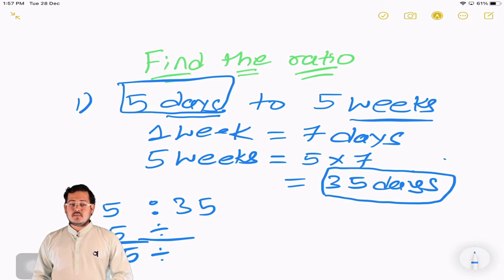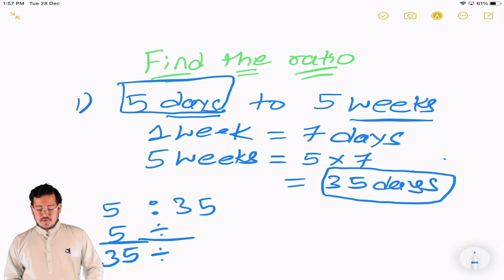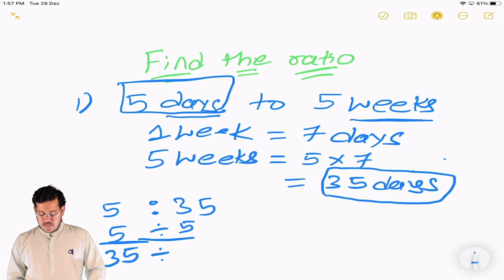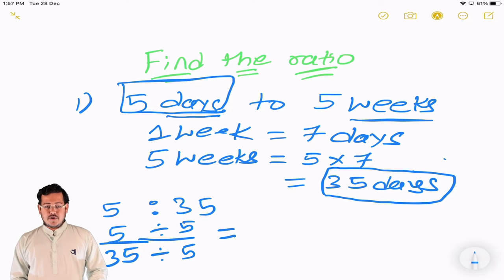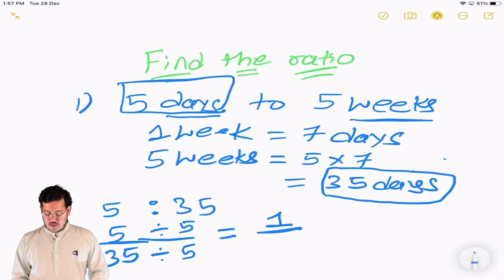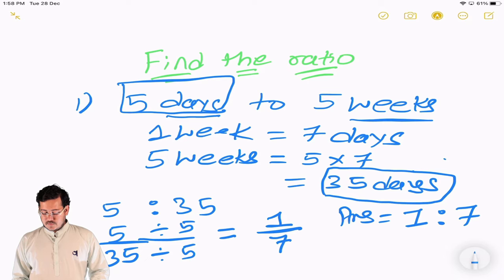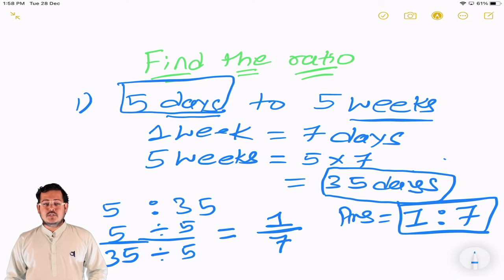So 5 can be divided by 5, as well as 35 is also divided by 5. So 5 divided by 5, answer is 1, and 35 divided by 5, answer is 7. So my answer is 1 ratio 7.